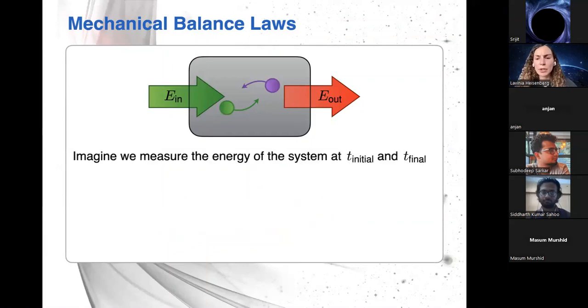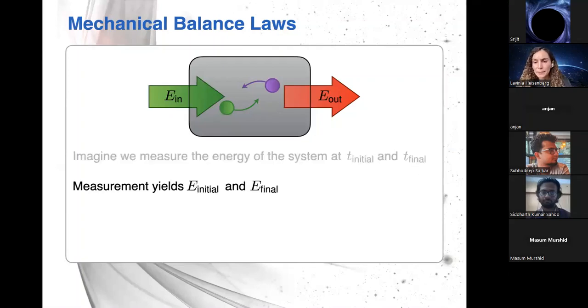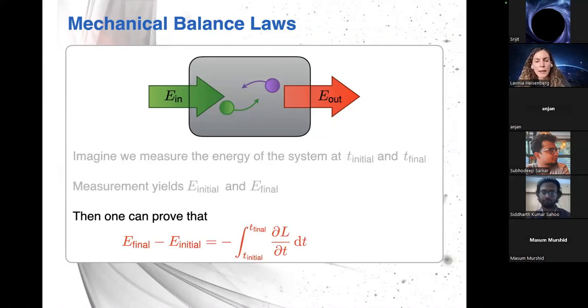So imagine we measure the energy of the system at some initial time and some final time. The measurement will yield some specific energy at the initial time and some specific energy at the final time. And now we can prove mathematically exactly that the difference between the final energy and the initial energy is given on the right-hand side by this expression, which is basically the time derivative of the Lagrangian associated to this system, and then you perform this integral.